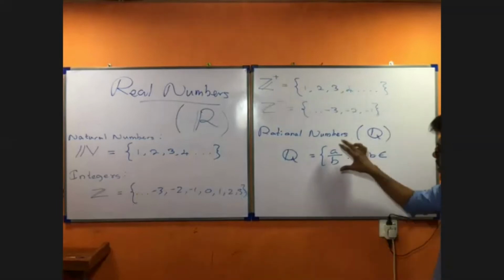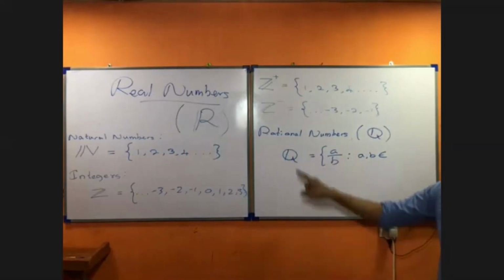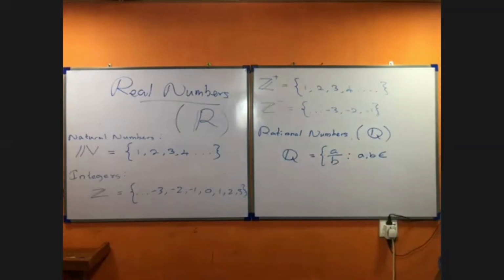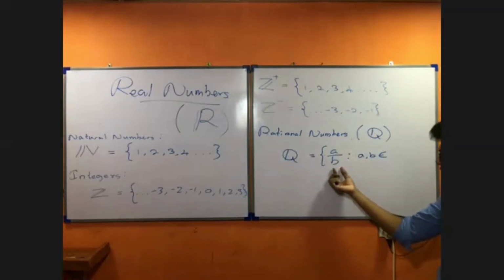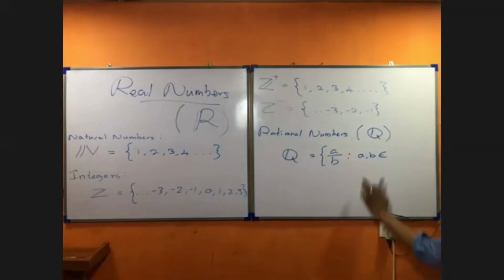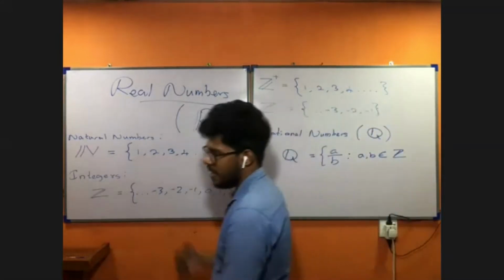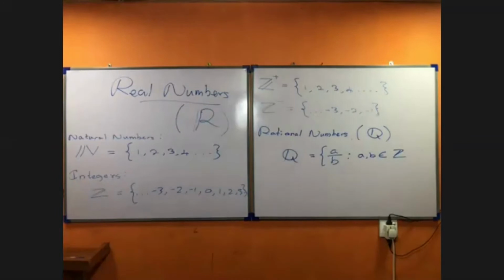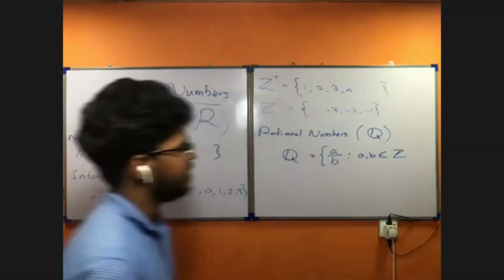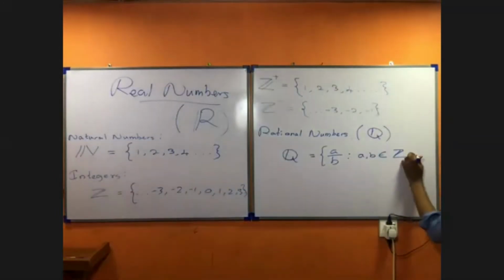So here we write A divided by B. Q is A divided by B such that A and B belong to integers, and there's another condition.